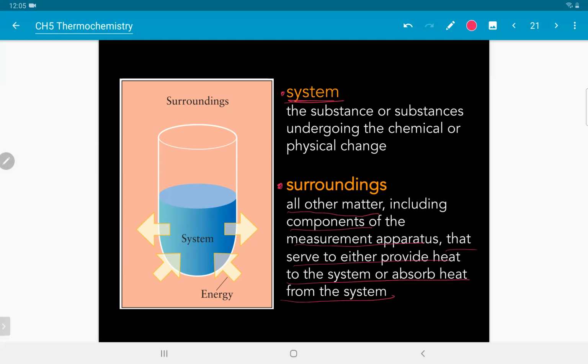So don't get bogged down by that definition of the surroundings. The surroundings are just everything else that the system is coming into contact with that's able to either release energy into the surroundings or pull energy from the surroundings. Okay, so that's the system and the surroundings. And when we work our examples, we'll define what's a system and what's a surrounding every time.